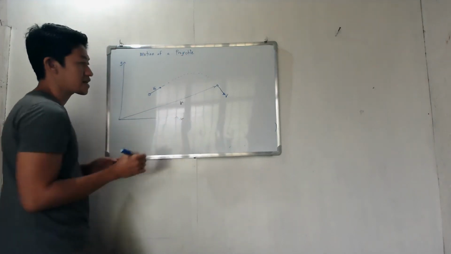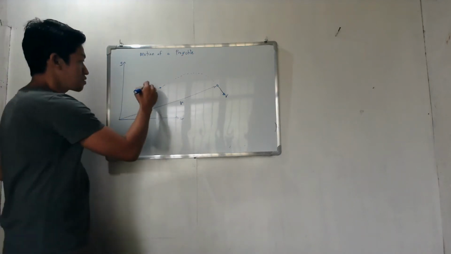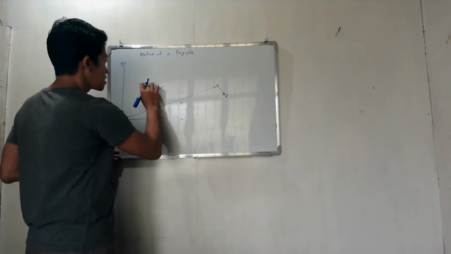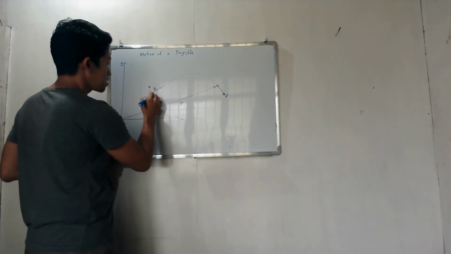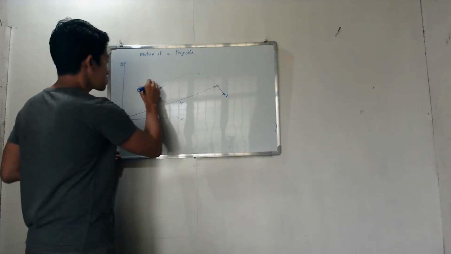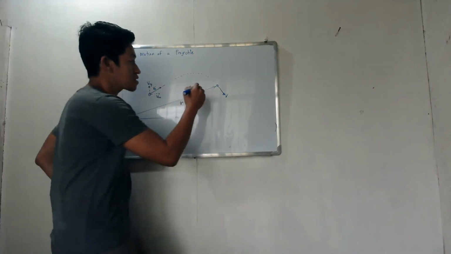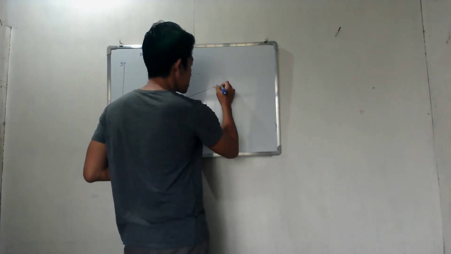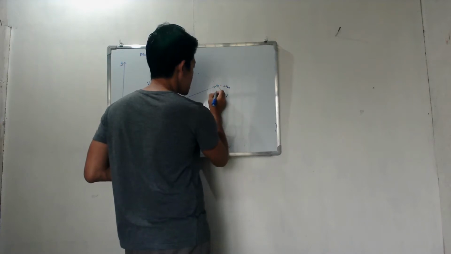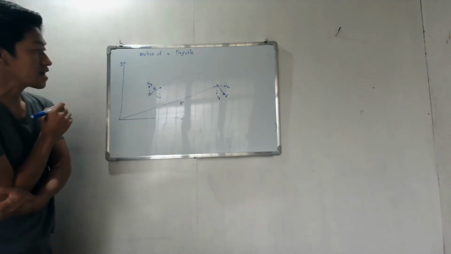We can resolve this velocity into its x and y components. Shall we say Vox? This one will be Voy. Now your final velocity, we can characterize or resolve into Vx and Vy.